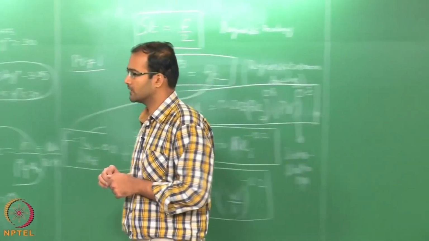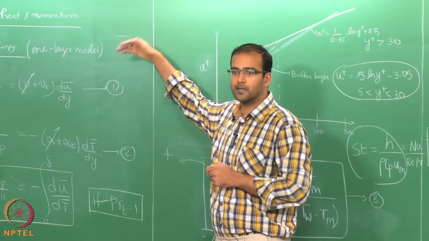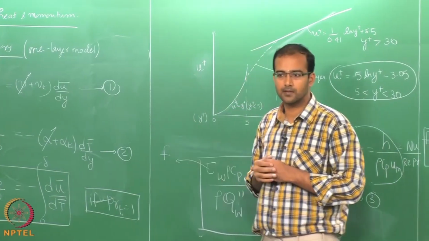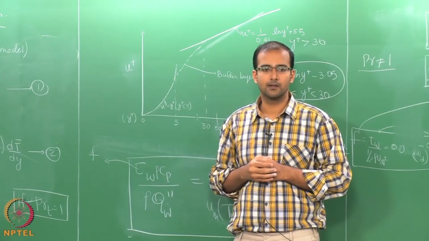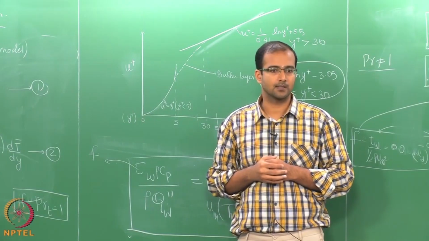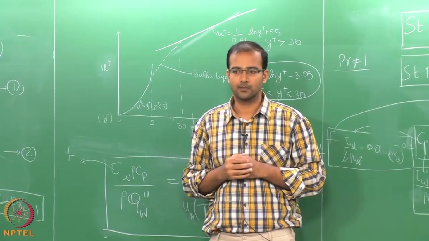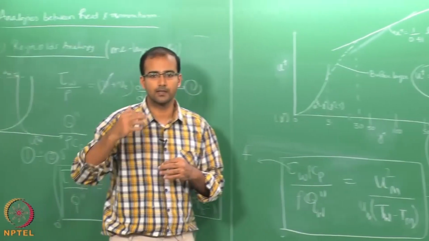There are analogies which take into account multiple layers. From one layer we can transition to two layers, accounting for the viscous sublayer and the turbulent boundary layer. That is called the Prandtl-Taylor analogy. And finally, we can also include all three layers, including the buffer layer.